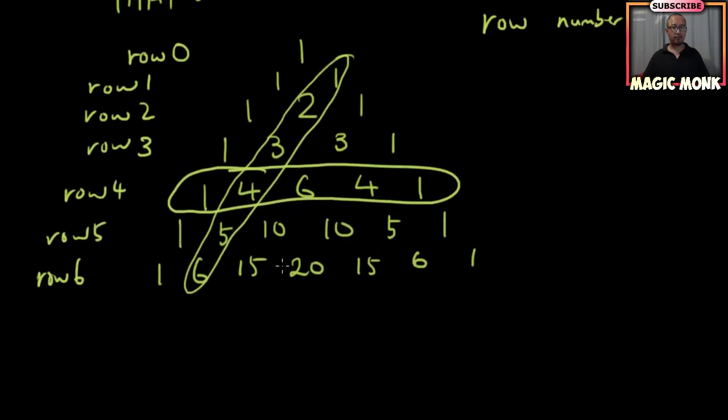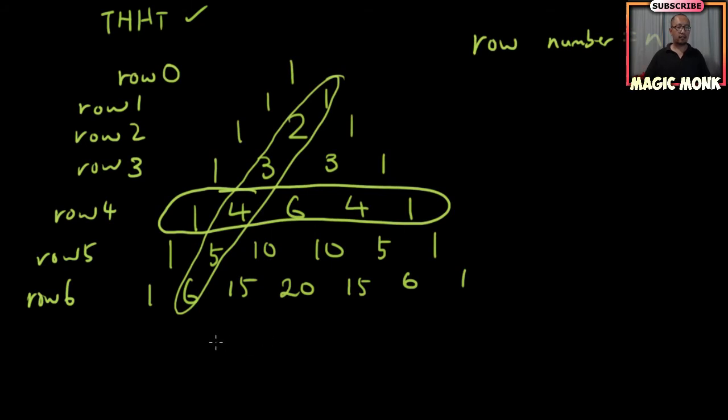So by drawing Pascal's triangle, these numbers here represent the number of outcomes with that number of successes.